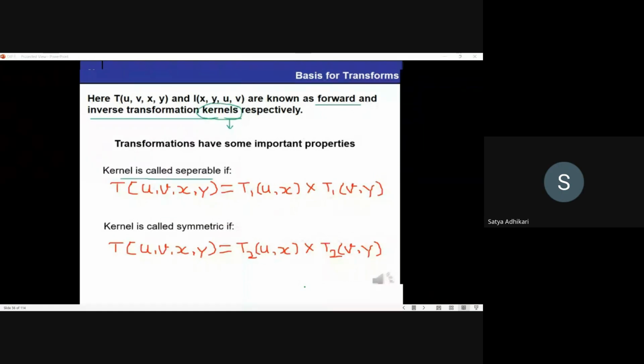Have you written all your names on the board? Yes, sir. Name and enrollment number we have.